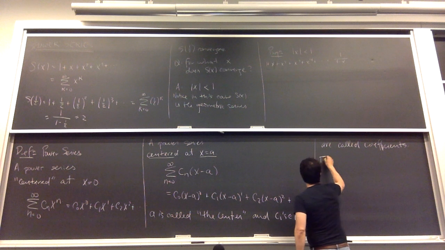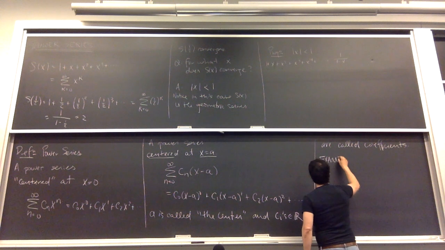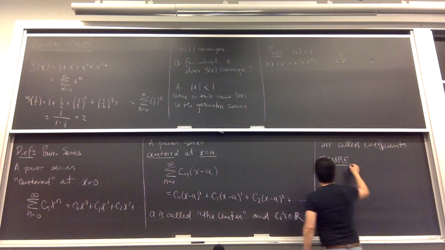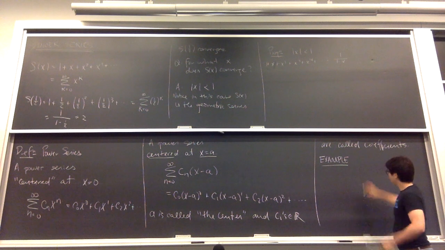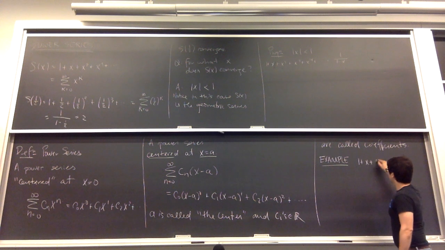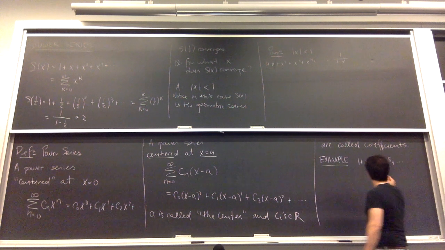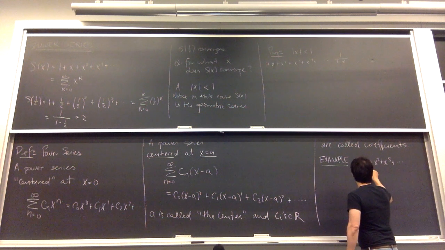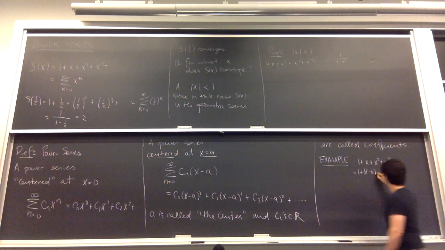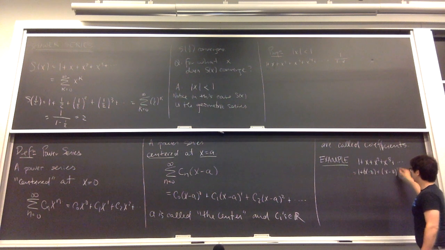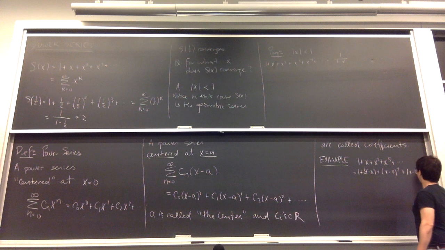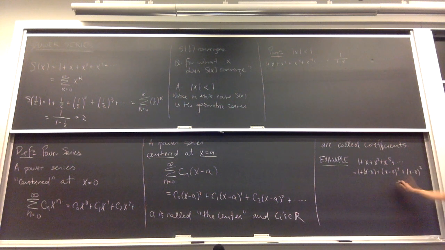Okay, so first example, this one should be easy. For the series we just dealt with, the 1 plus x plus x squared plus x cubed, what's the center? 0. Because I could also write it like this: x minus 0 squared, x minus 0 cubed. So that makes the center obvious.